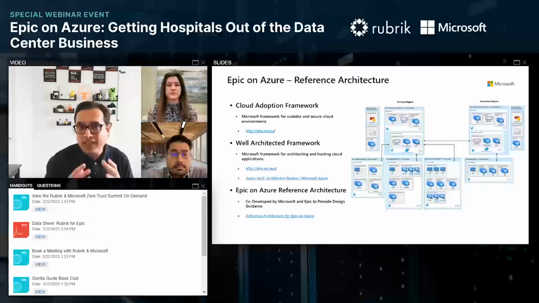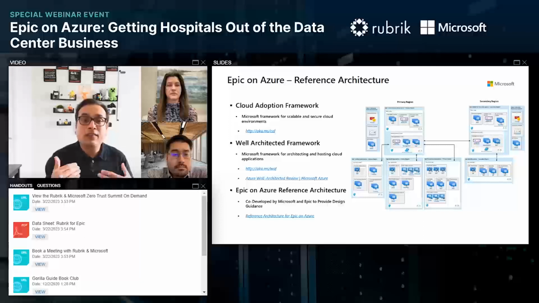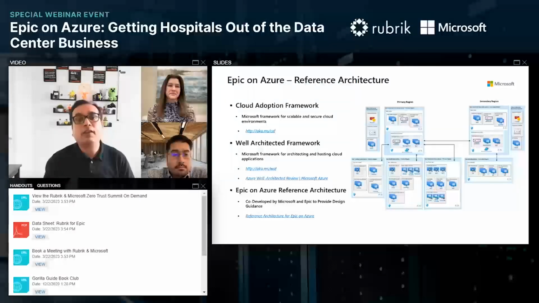It's a very detailed and prescriptive document which talks, tier by tier and area by area, about the best practices you should be applying for everything: your identity and management, your business continuity, your network design, your security, operations, and deployment best practice for Epic on Azure. So these three things customers can use to get started on their Epic on Azure journey.